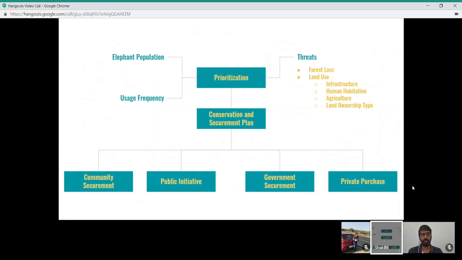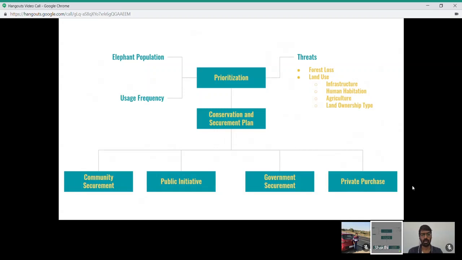And then there is the public initiative model, where local stakeholders are sensitized and roped in to monitor the corridors. So they monitor the corridors for any new developmental activities, or how the elephants use these corridors during the year.